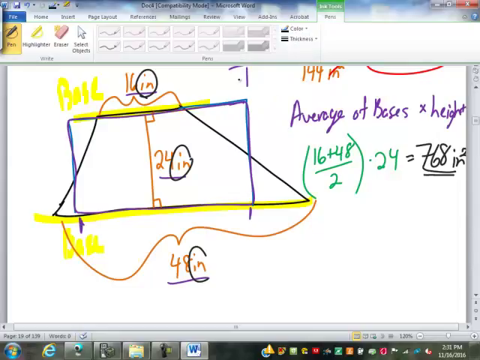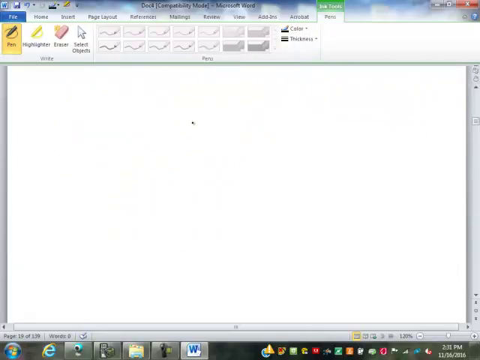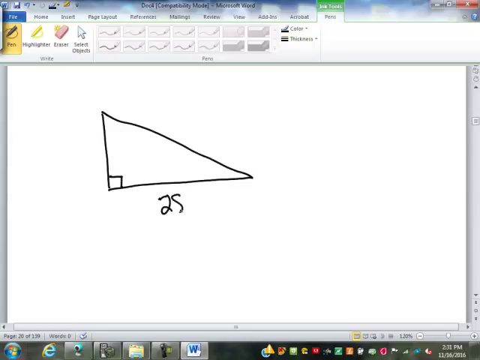Our last shape we looked at then, at least as far as our straight-sided shapes, was a triangle. So we could have a right triangle like this, where this might be, let's say this is 28 feet by 9 feet.